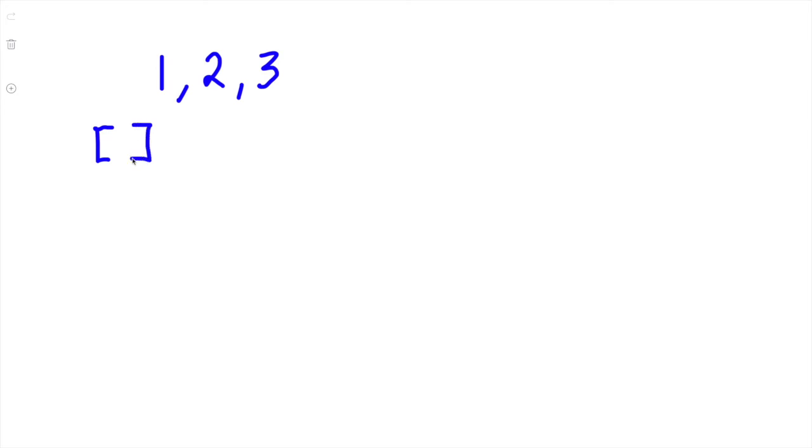Let's say this is the current set. We will push this current set into the resultant set. So let's say we have result, we will have an empty array pushed.